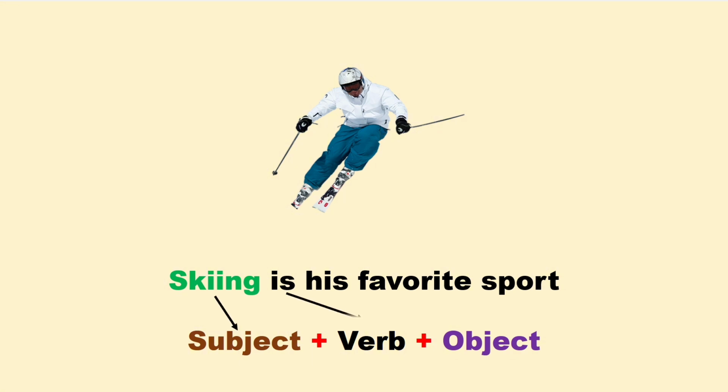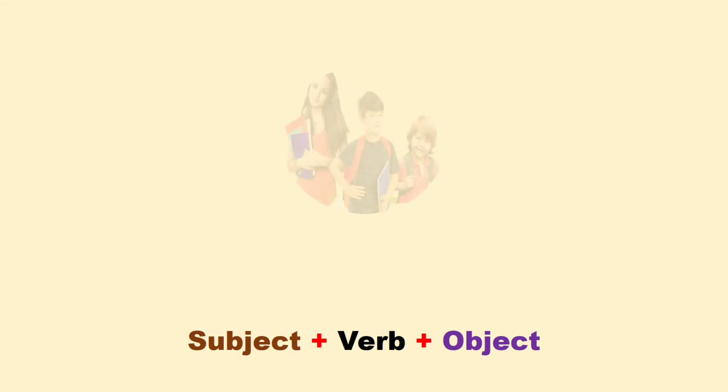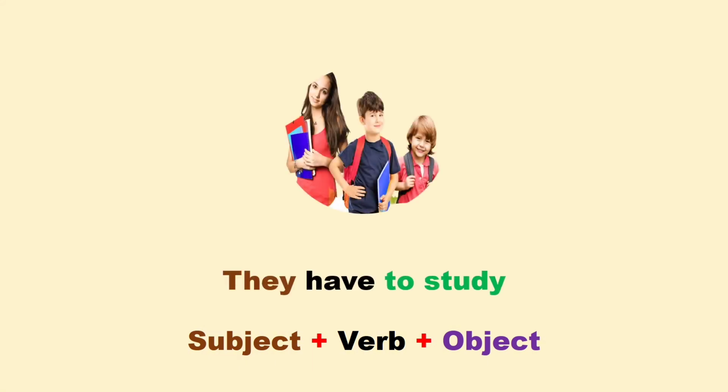Skiing is the subject of this sentence. He likes reading. Reading is the object of a sentence. They have to study. The infinitive to study is the object of a sentence.